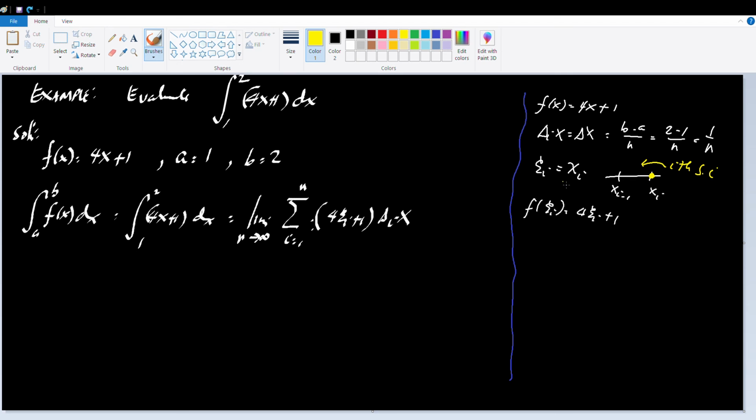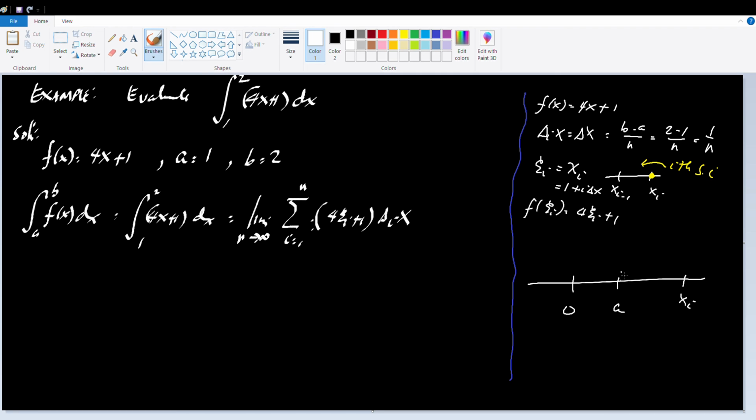But we have to express our c sub i in terms of delta x. Okay? Since our lower limit is 1, x sub i will be 1 plus i delta x. Remember, if this is 0 and this is a, this is your x sub i.